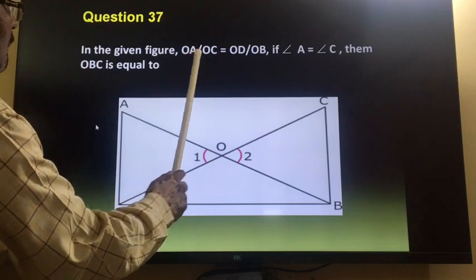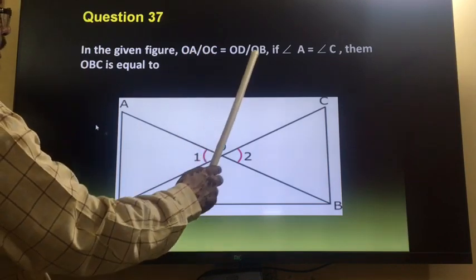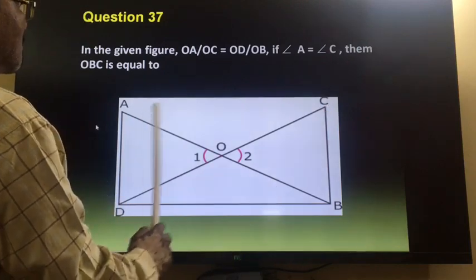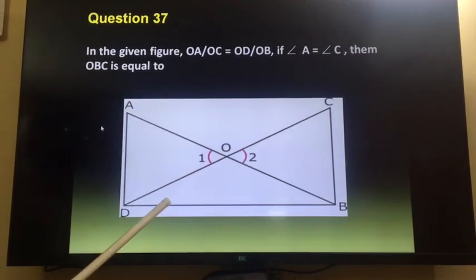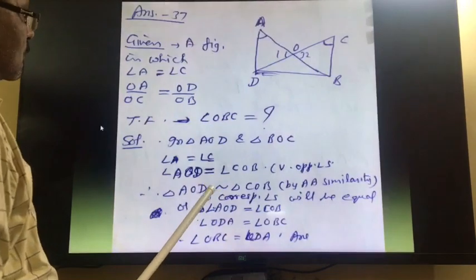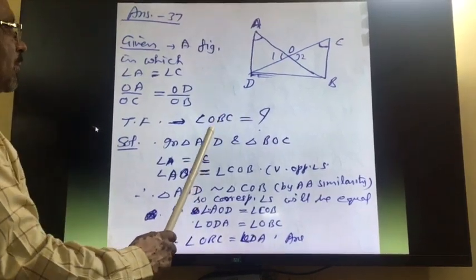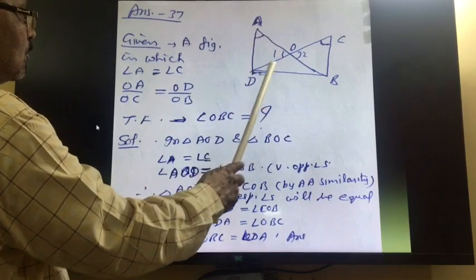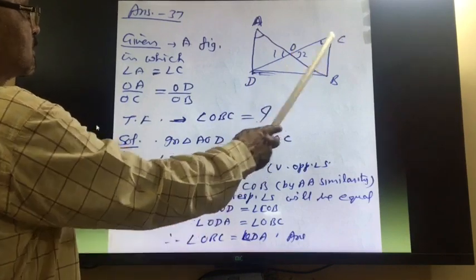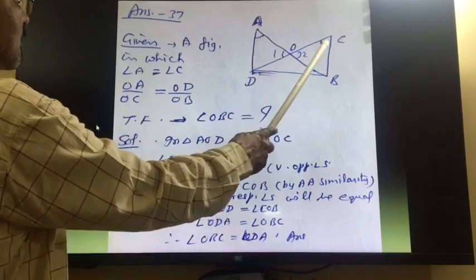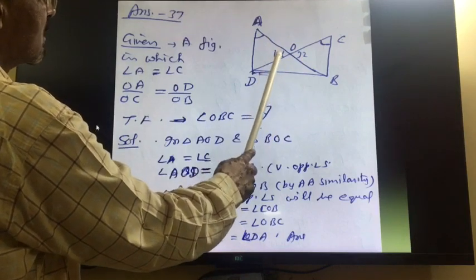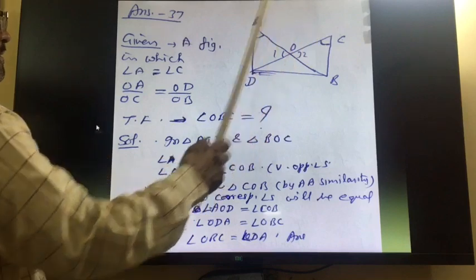Now question number 37. In the given figure, OA upon OC is equal to OD upon OB, given, and angle A is equal to angle C, given. You have to find out angle OBC. So to find angle OBC, first of all we can take triangles AOD and BOC. In these two triangles, angle A is equal to angle C, given, and angle AOD is equal to angle COB. So two angles are equal, therefore triangles are similar.